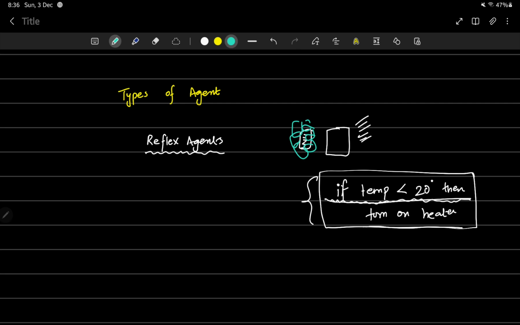It is just acting upon what it perceives, what it senses. And let's say I have put lots of ice cubes on it, and even though the temperature of the room is not actually less than 20 degrees, its sensor has sensed that it is less than 20 degrees, then it will just turn on the heater, right? So it didn't consider the overall context.